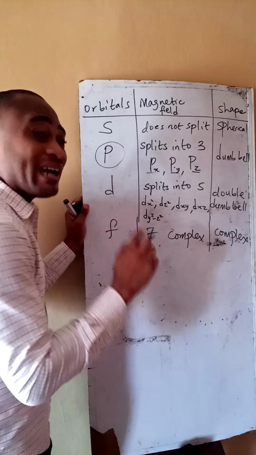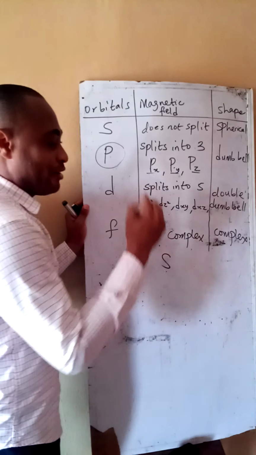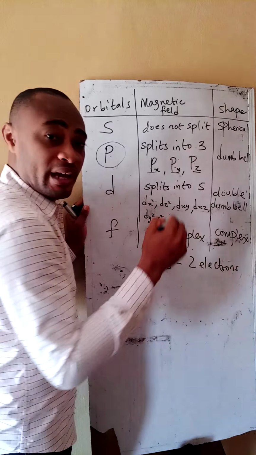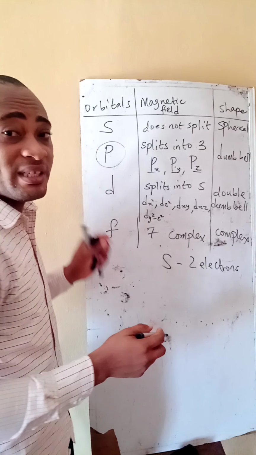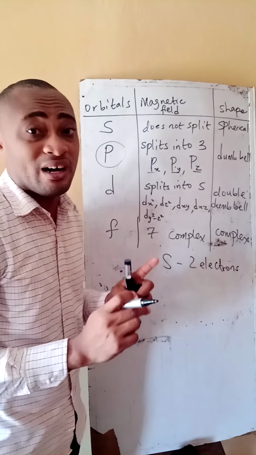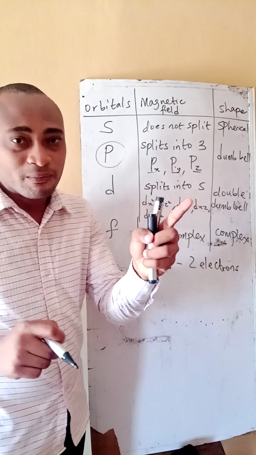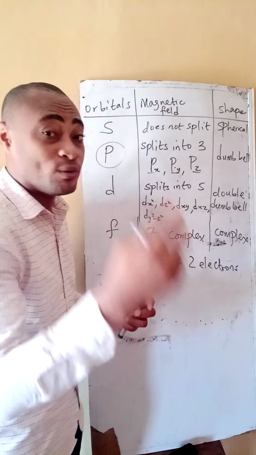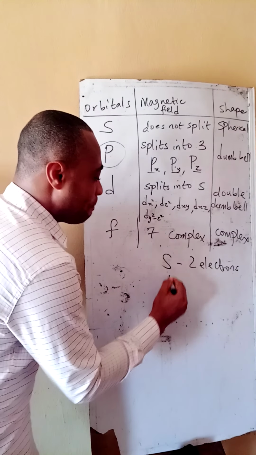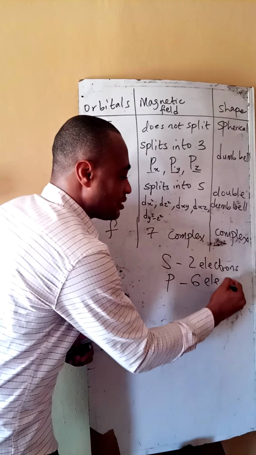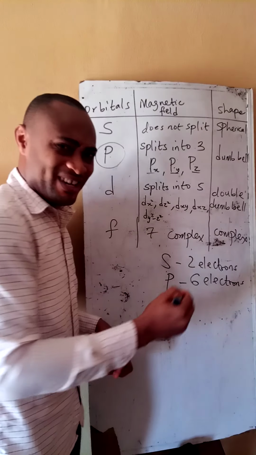Also take note that the maximum number of electrons that S can hold is what? 2. Anytime you see S holding 3 electrons, tear that place. Wherever that source is wrong. The maximum that S can hold is 2 electrons. P, the maximum that P orbital can hold is 6 electrons. Are you getting the sequence?